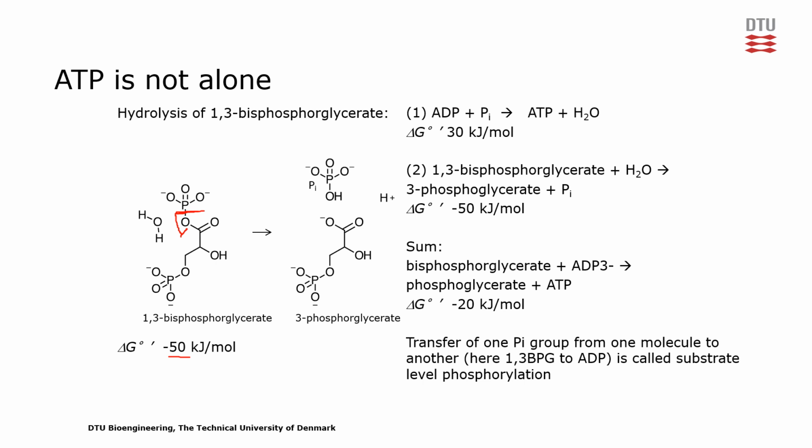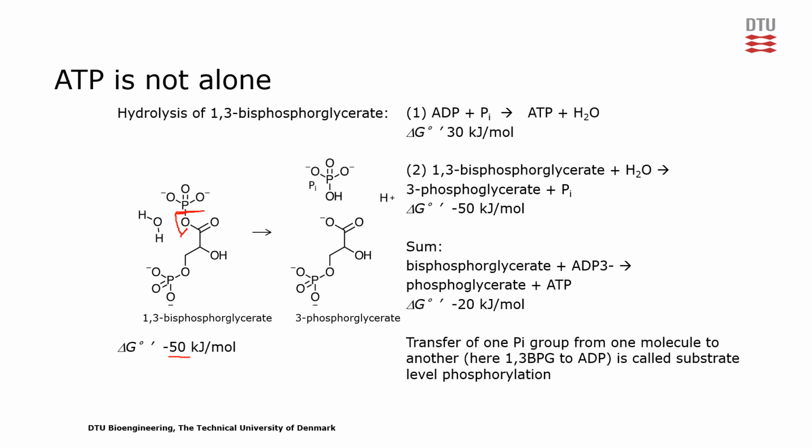And if you compare that with ATP to ADP, if we take this reaction and couple it with the ADP to ATP reaction, the opposite of what we just discussed, that would require 30 kilojoules per mole. So we couple the ADP to ATP reaction with the hydrolysis of 1,3-bisphosphoglycerate to 3-phosphoglycerate, which gives you -50. Well, then the sum reaction of those two reactions coupled together is actually -20. That means the sum reaction would be exergonic and thereby it could be running.